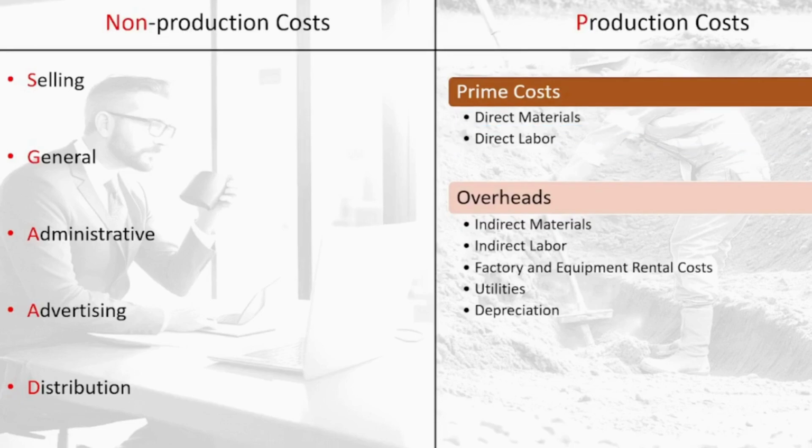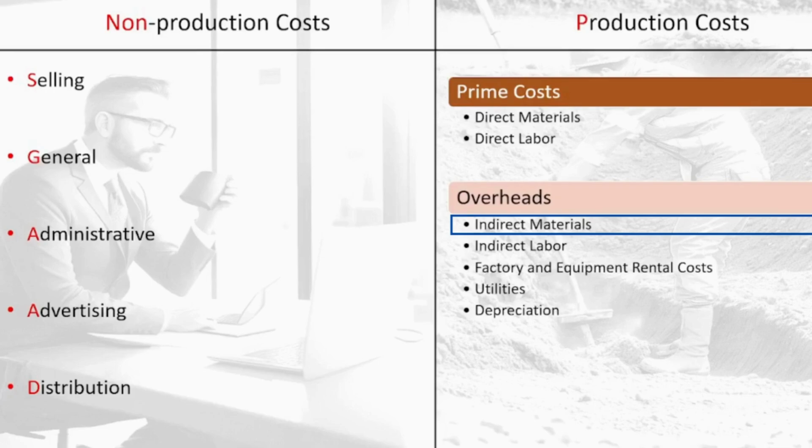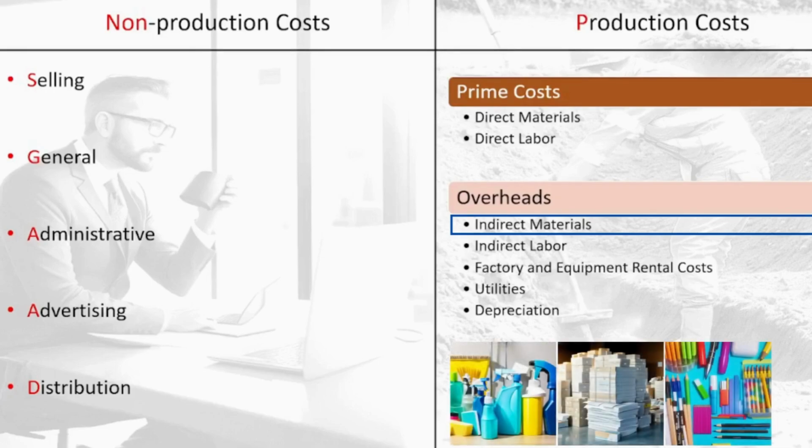All other production costs are known as production overheads. Those include indirect materials, which are consumed during the manufacturing process but are not integrated into the final product. Examples of indirect materials could be cleaning supplies or bulk purchases like paper and office materials.